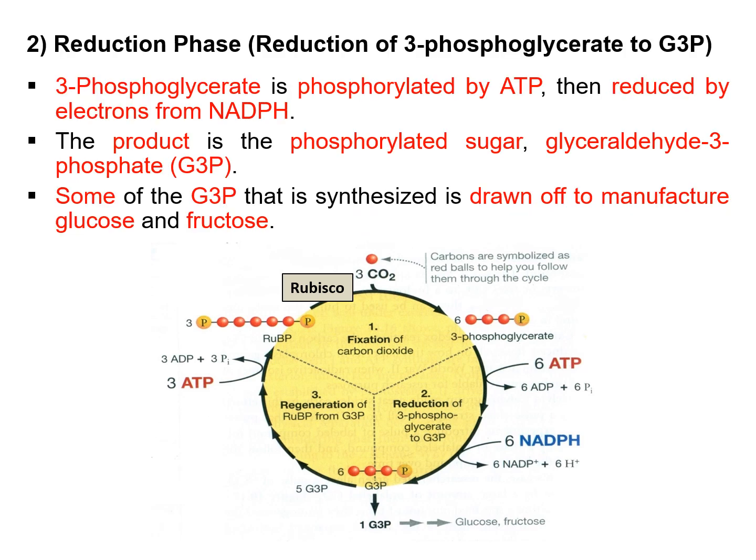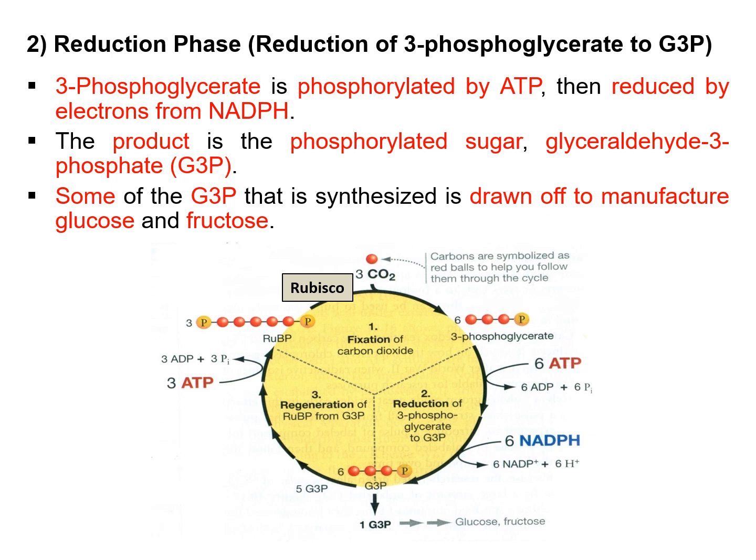In the reduction phase, it is a phase where 3-phosphoglycerate, which is the product of the fixation phase, is reduced into glyceraldehyde 3-phosphate. 3-phosphoglycerate is phosphorylated by ATP followed by reduction by electrons from NADPH.